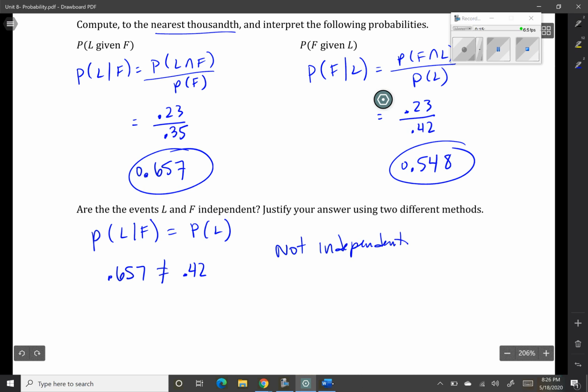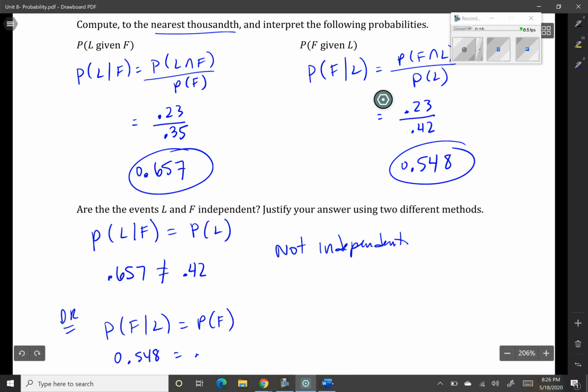Because these are not independent, we can talk about how these are dependent upon each other. It says to use two different methods to justify your answer. So what you could say here is, what is the probability of F given L, and is that the same as the probability of F? Well, we figured out this probability was 0.548.